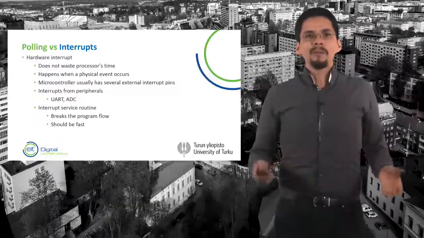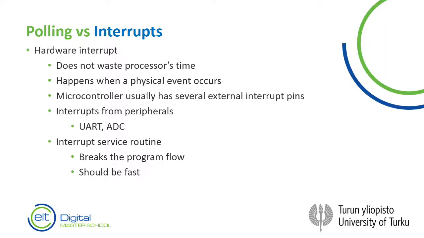So what are the upsides of interrupts? First, when we use interrupts, the processing element does not spend computation power to actually check if the event occurred. An interrupt happens almost at the same time when the physical event occurs.